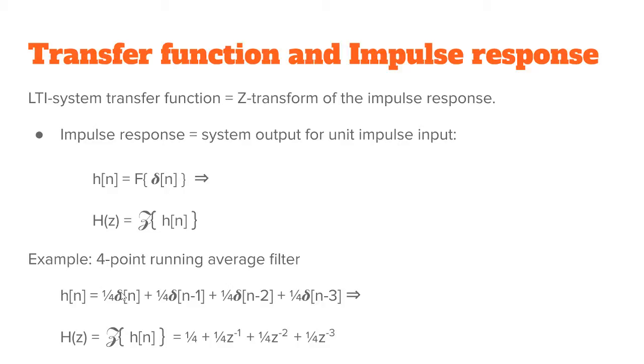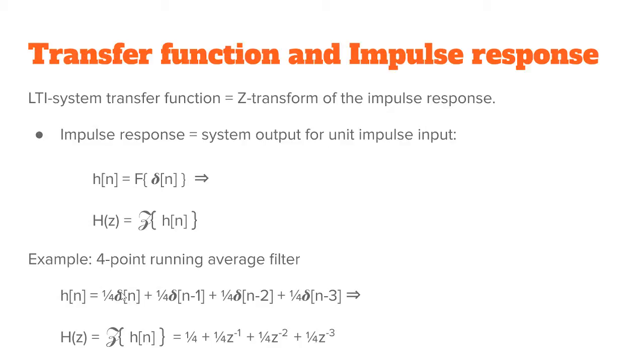A couple of words about the transfer function and impulse response. If we are a linear time invariant system, then the transfer function is actually the same as the Z transform of the impulse response.